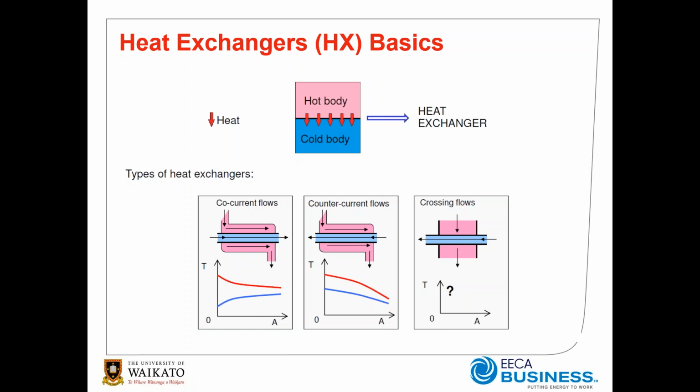Other heat exchangers are cross-flow, meaning the two streams or the two flows are perpendicular to each other. And each of these have their unique temperature versus length or temperature versus area profiles of how it changes over the length of the heat exchanger.